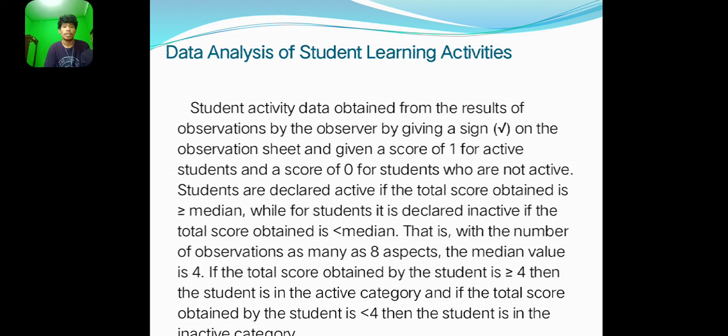With the number of observations being 8 aspects, the median value is 4. If the total score obtained by the student is above 4, then the student is in the active category, and if it is below 4, then the student is in the inactive category.